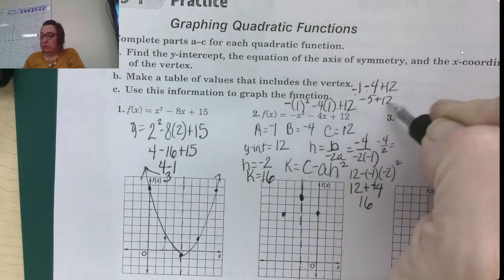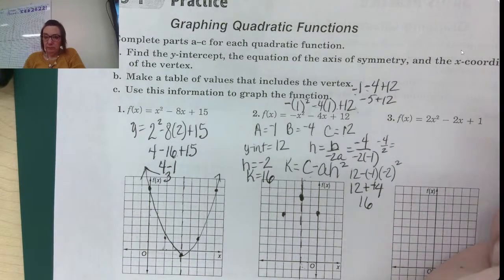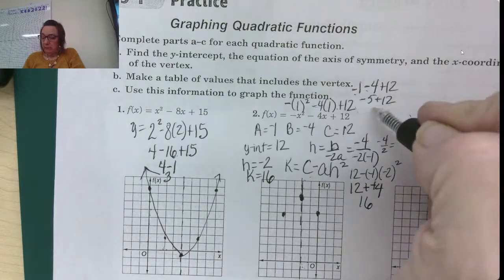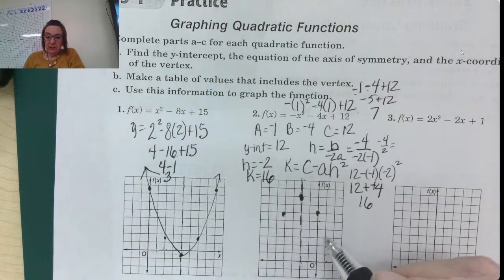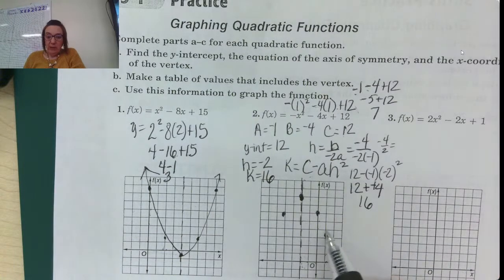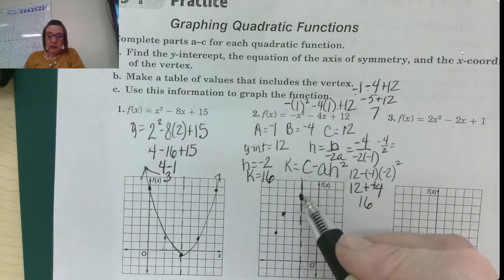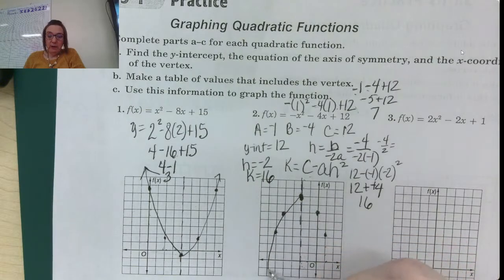What's negative 5 plus 12? 7. So at 1, we should be at 7. So it's going to be 2, 4, 6, 7. And then we got to have a matchy-matchy over here, right? And you can see that graph.